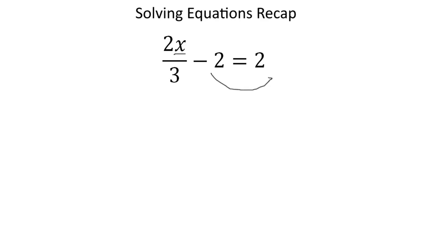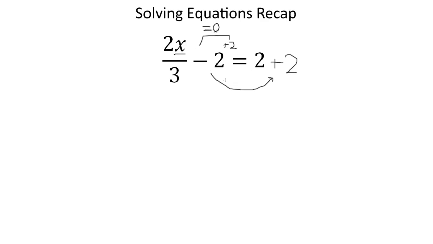So we moved that over, and that became a +2, because -2 plus 2 on this side is equal to 0, and on this side 2 plus 2 is equal to 4. So we're basically trying to get rid of the -2 by adding +2 to both sides.